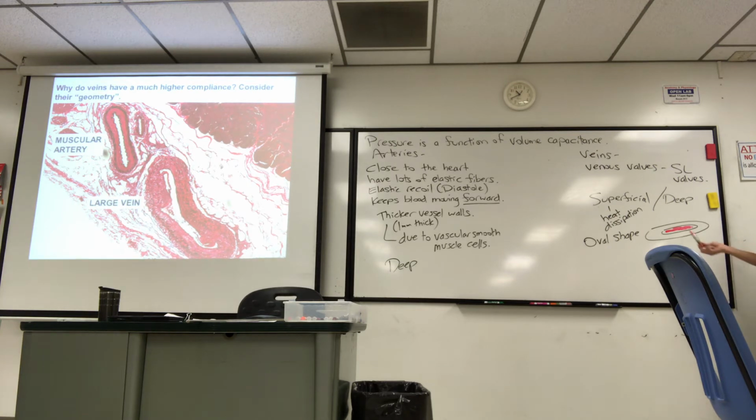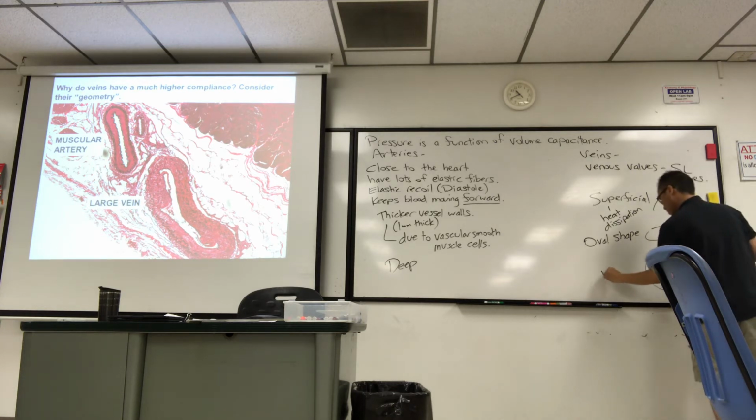You could expand if you're flattened. You could get more circular shape. Imagine the amount of blood you can hold now. That's what I mean by geometry. Go from more oval to round.